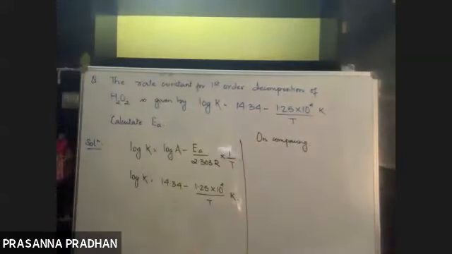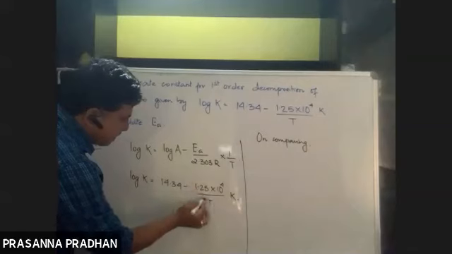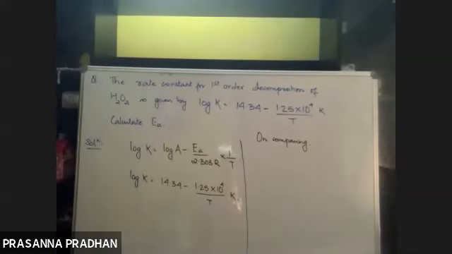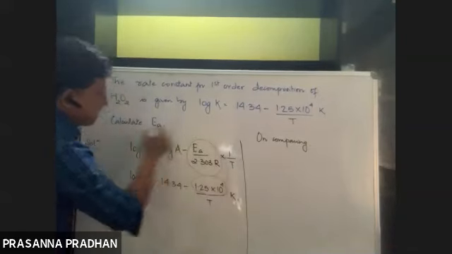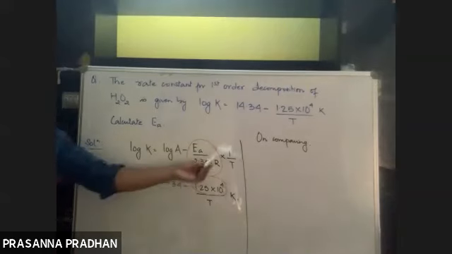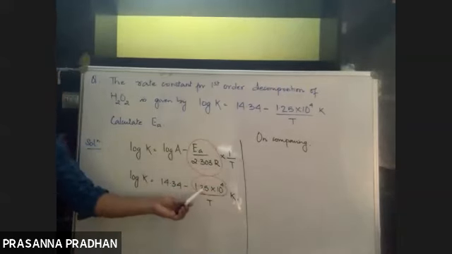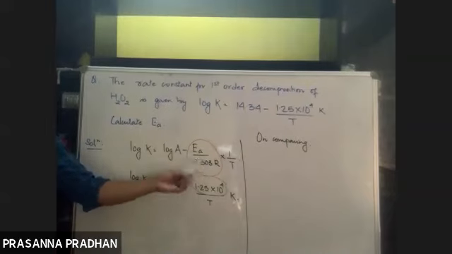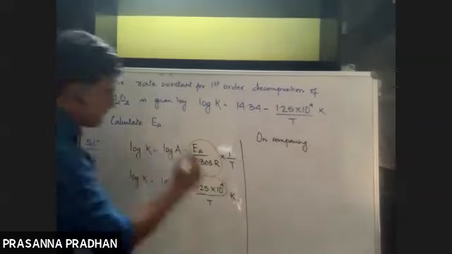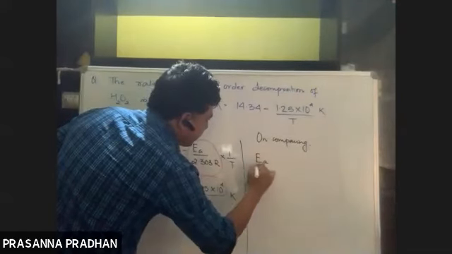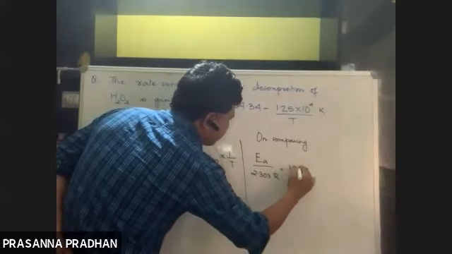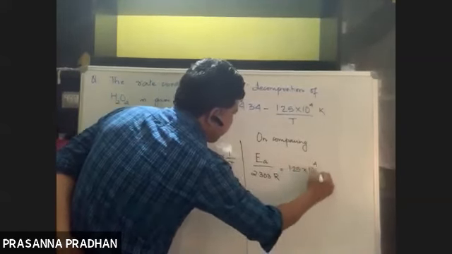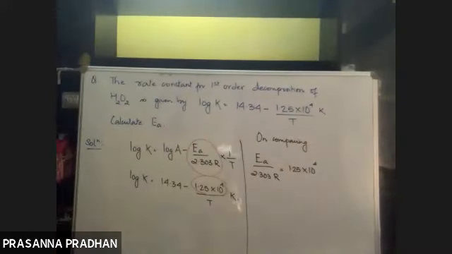We see that 1.25 into 10 to the power 4 is equal to EA by 2.303 R, because here I have 1 by T, here also I have 1 by T. So I can now write EA by 2.303 R is equal to 1.25 into 10 to the power 4.